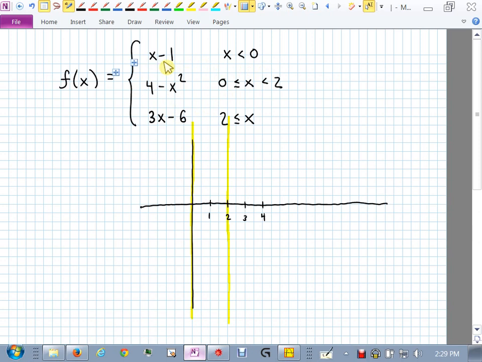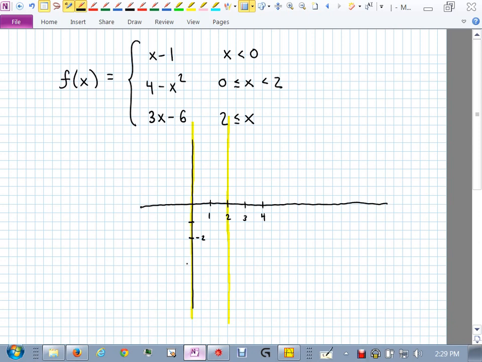So what does x minus 1 look like when you're less than 0? X minus 1 is a line, right? It's like y equals mx plus b. What's the slope of this line? 1. What's its y-intercept? -1. So here's -1.